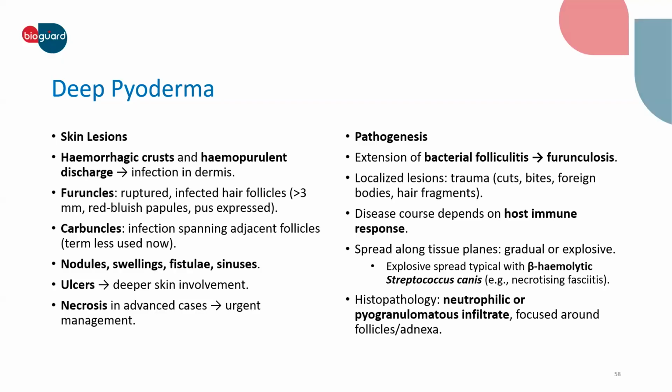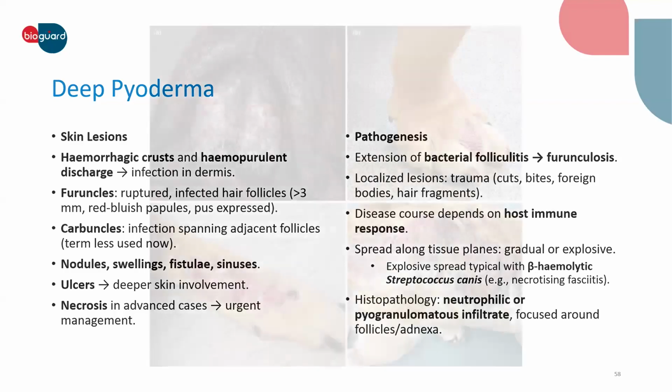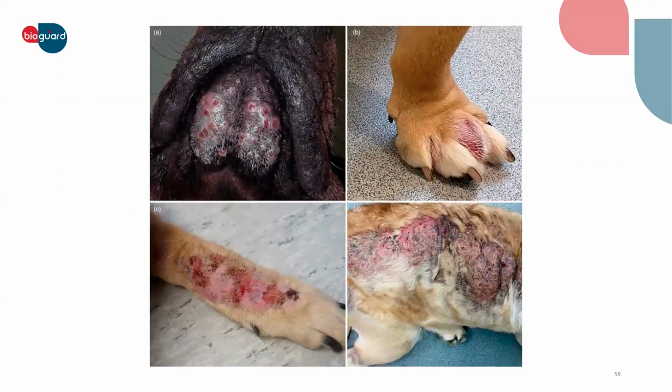And if we check histopathology, we can see neutrophilic or pyogranulomatous infiltrate focused around the follicle and adnexa. And these are some figures for deep pyoderma.